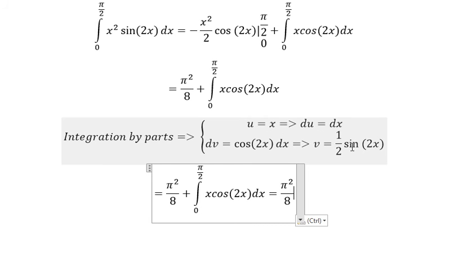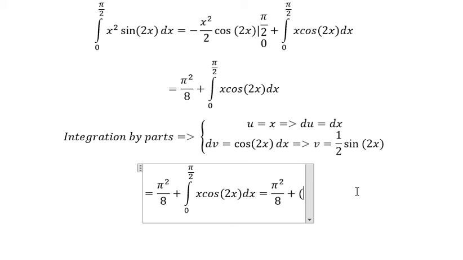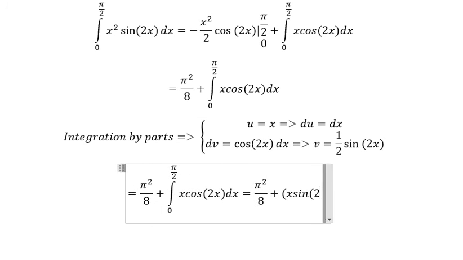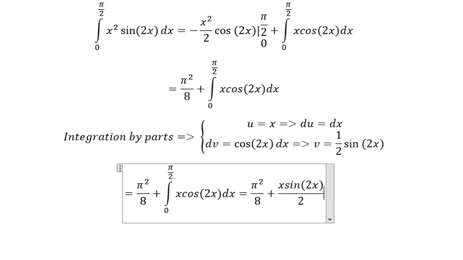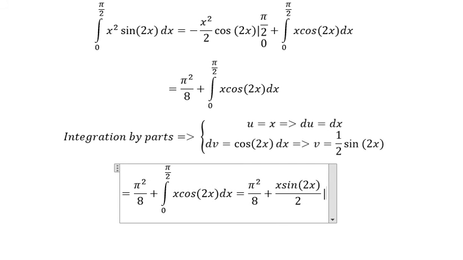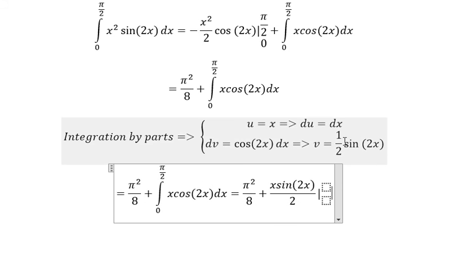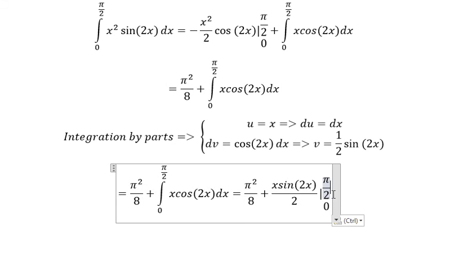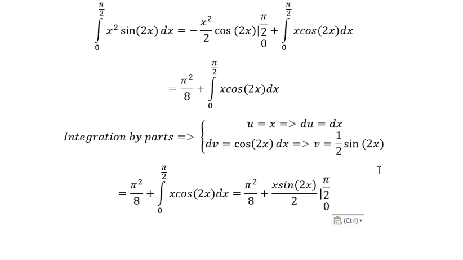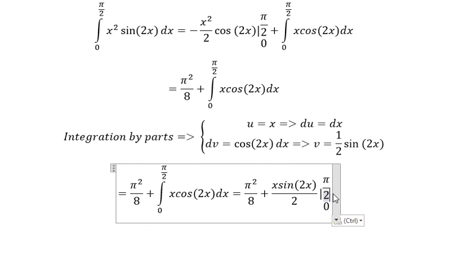S multiplied by sine 2s with 1 over 2. And we have the negative.